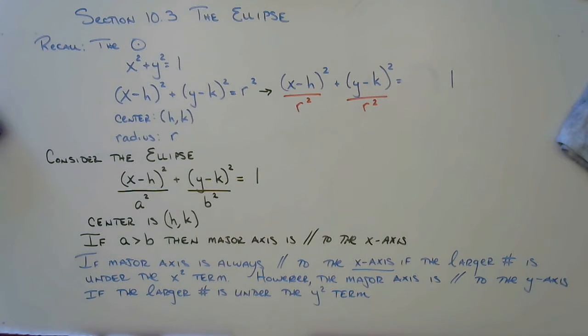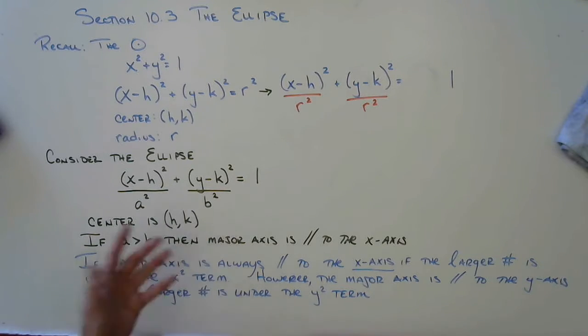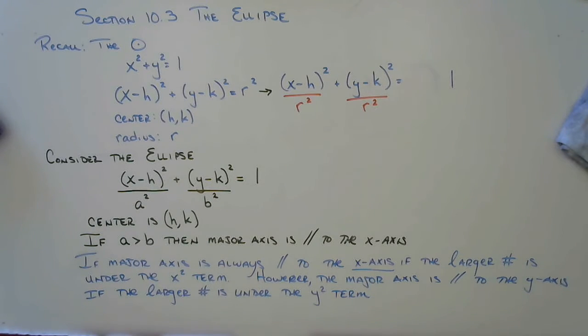So what we need to know is the major axis, the bigger of the two axes, is parallel to x if this is the bigger number. It's parallel to y if this is the bigger number. That's all we have to remember to draw the graph.